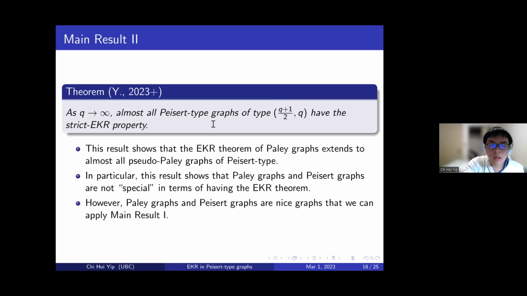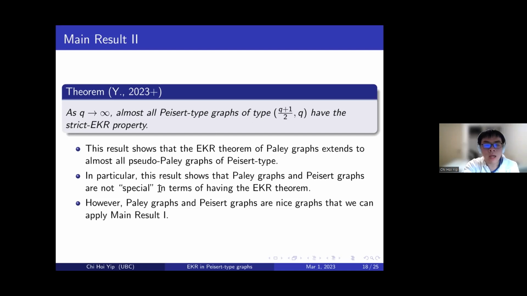So these results somehow answer the questions I asked in the previous slide negatively in a certain sense, because this result says that almost all Peisert type graphs of this kind of special parameter have the strict EKR property. So somehow this means that Paley graphs and Peisert graphs are not special, because almost surely they would have the strict EKR property.